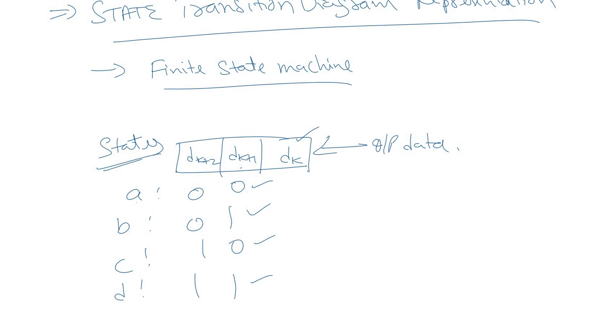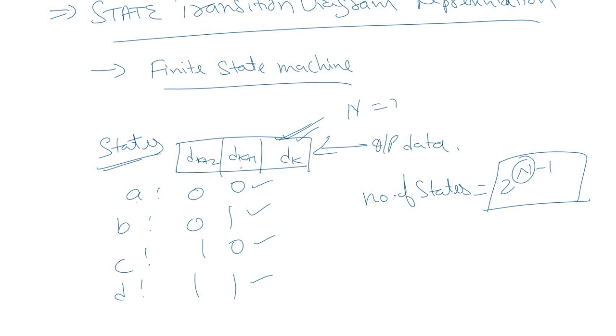In general, the number of states is equal to 2 raised to power N minus 1, where capital N is the number of shift registers. Here N is equal to 3, so the number of states is 2 raised to power 2, that is 4.